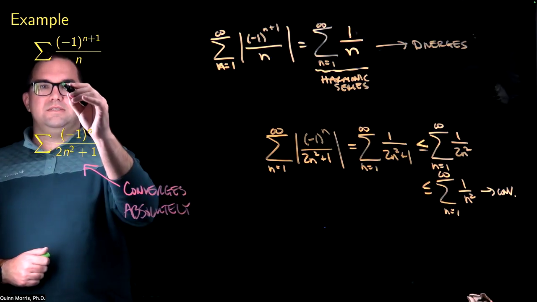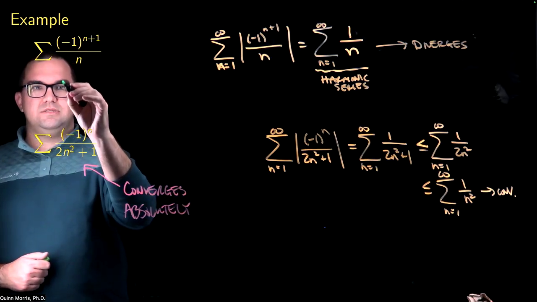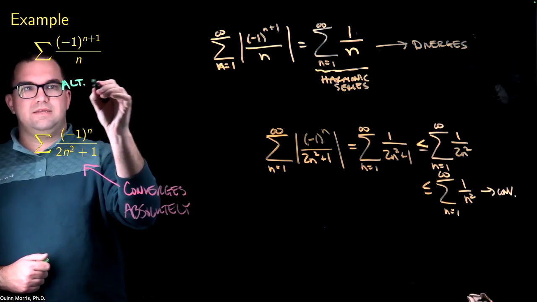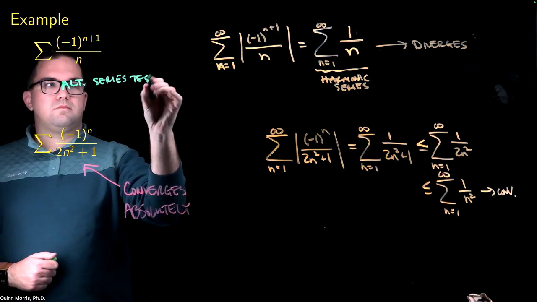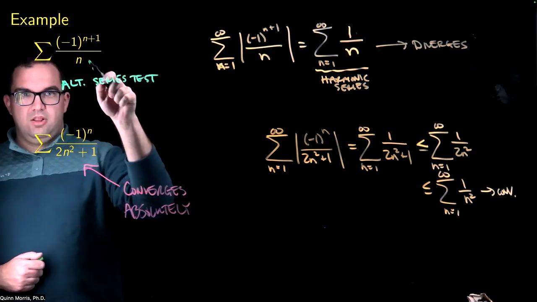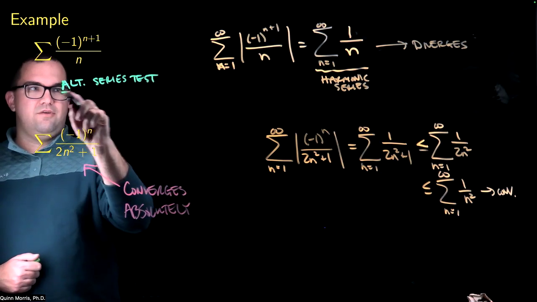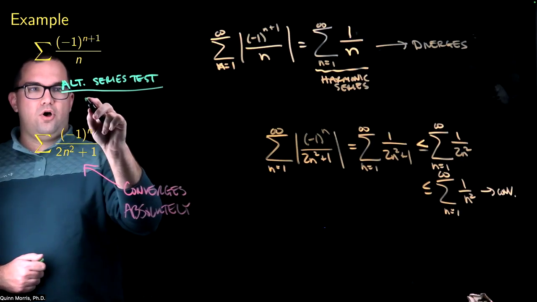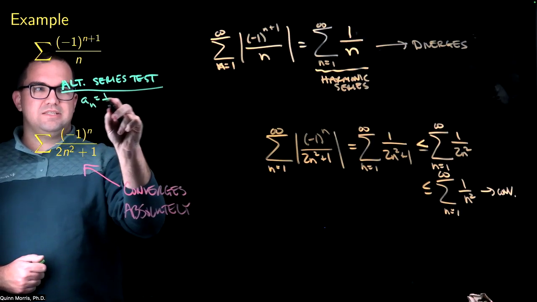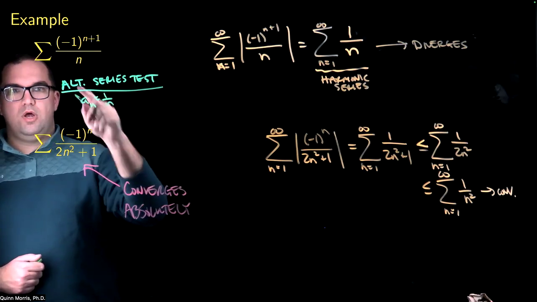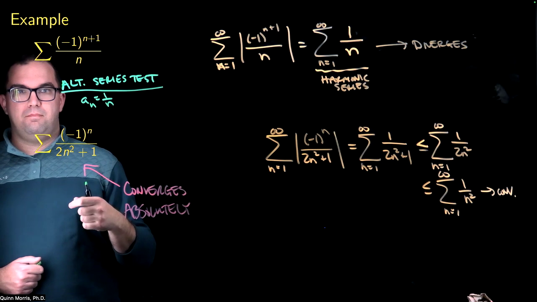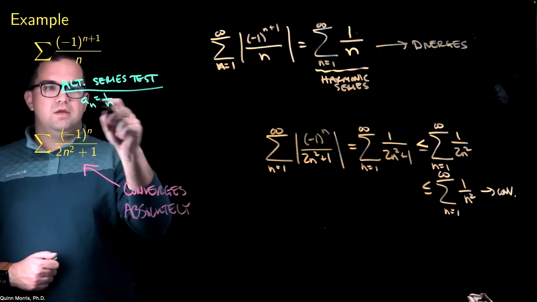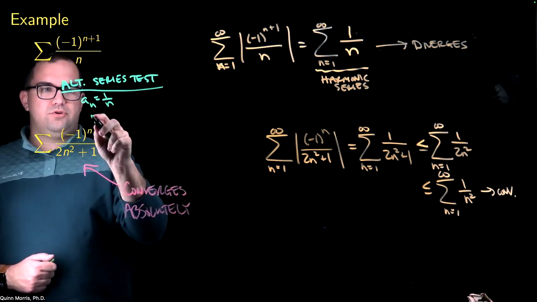The idea here is you need to check two conditions. To apply the alternating series test, I look at this and I really want to identify the non-alternating part. So in this case, that's the 1 over n. This is 1 over n times this term that's alternating back and forth between plus 1 and minus 1. And then here I need to show that two things are true.